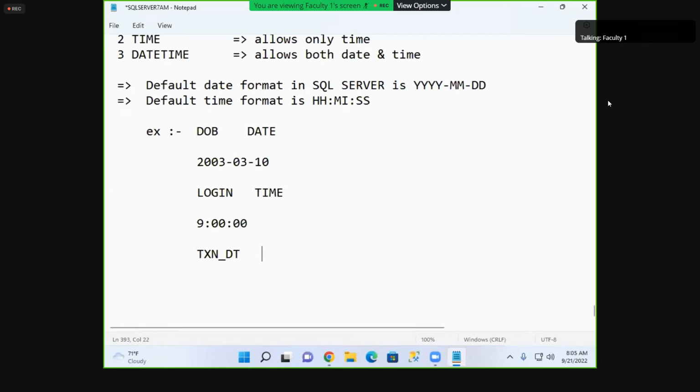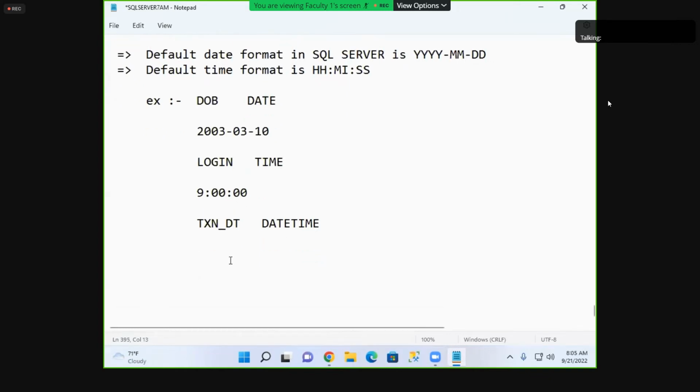What day you did the transaction, and at what time you did the transaction. Both are important. Then use what? Date time. For banks, both date and time are important, so use date time.